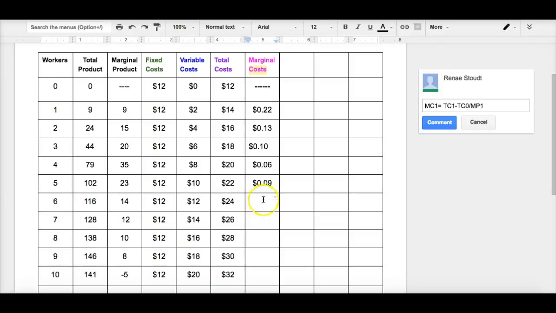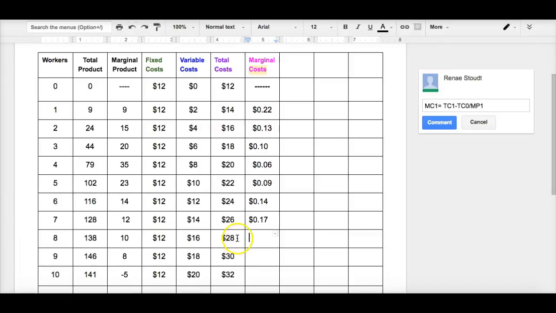At 6 workers, we're subtracting 24 minus 22, which is 2 divided by 14. So 2 divided by 14 is something like, hold on, 14 cents. Yeah, I was thinking my math was wrong. At 7 workers, we're subtracting 26 minus 24, which is 2 divided by 12. So 2 divided by 12 will give us 17 cents.